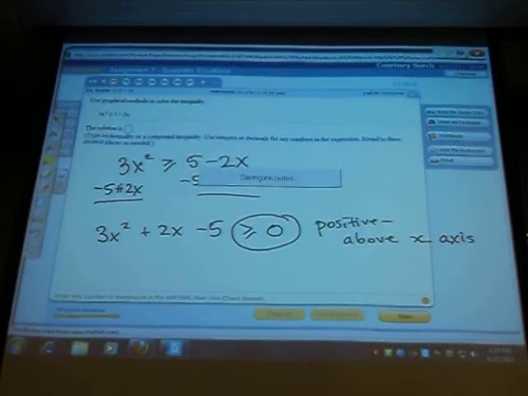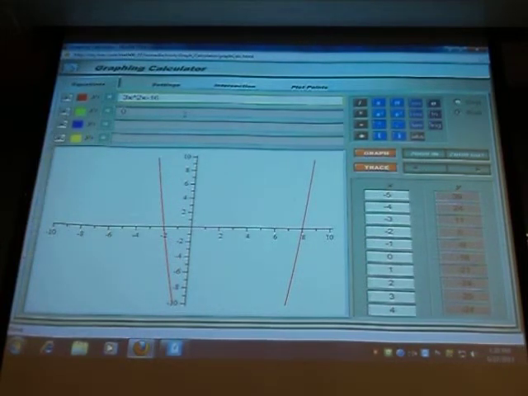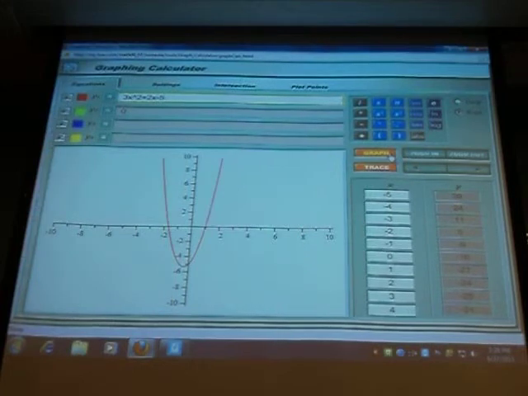Okay, so let's put in that equation. 3x squared plus 2x minus 5. And I kind of cheat a little bit. I don't erase everything. Saves me some time. Oh, man. These are great big numbers.